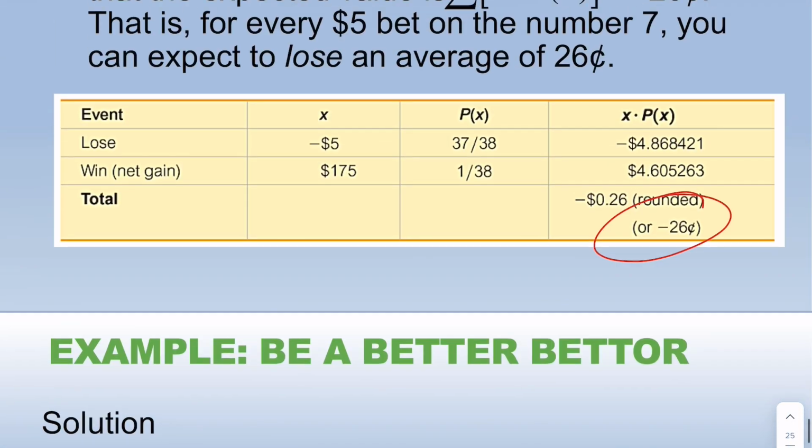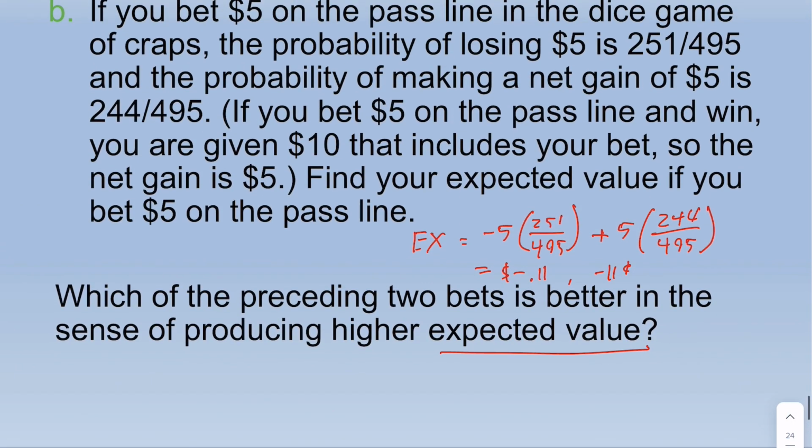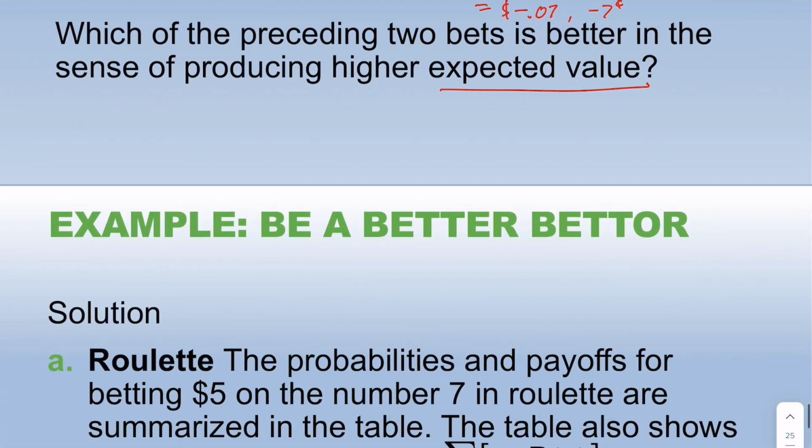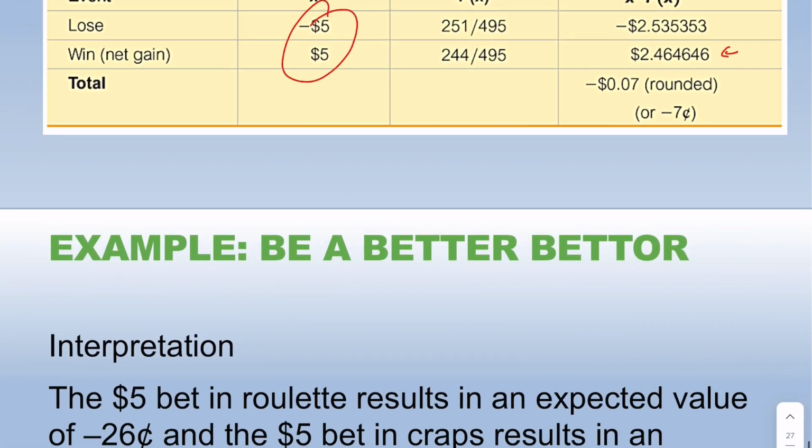That's funny. Okay, so negative 0.07 is what it ought to be. And so that is negative 7 cents. Okay, is that the end of it?